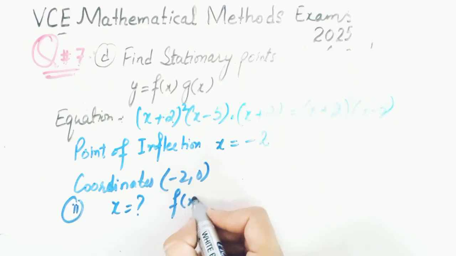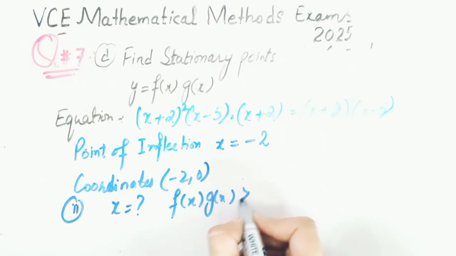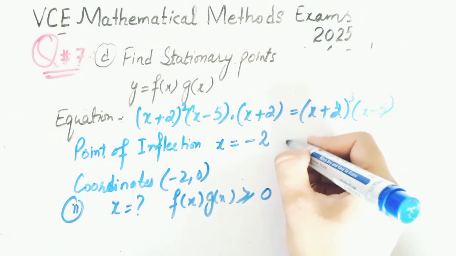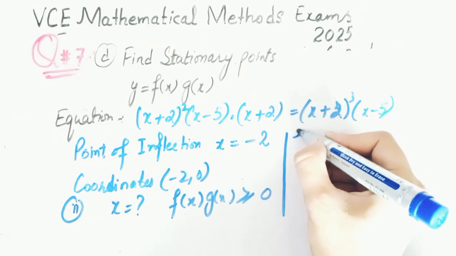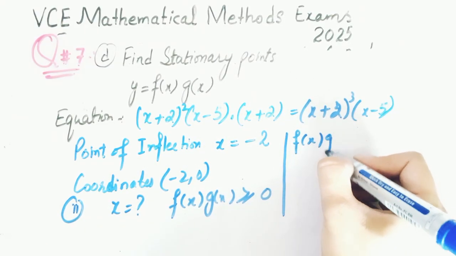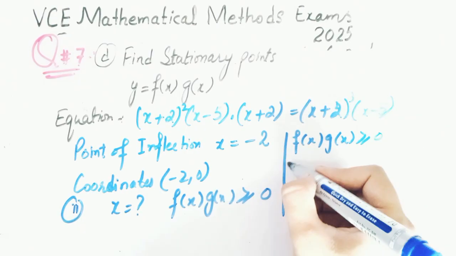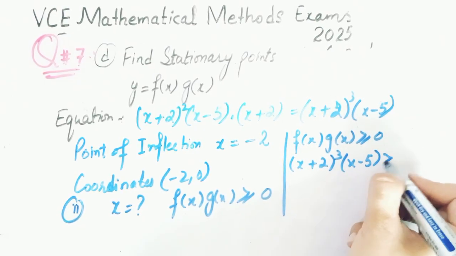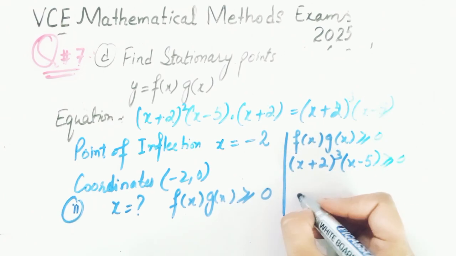And part D2, he said to find the value of x if the multiplication of both is positive. That means both are positive, which gives us (x plus 2) cube (x minus 5) cube is greater than or equal to 0.